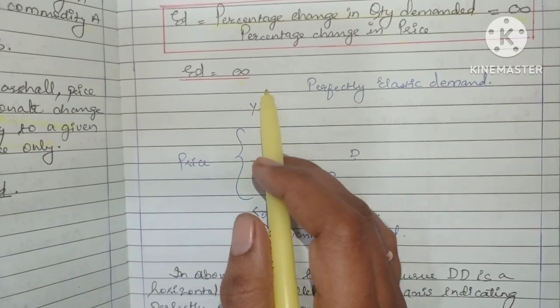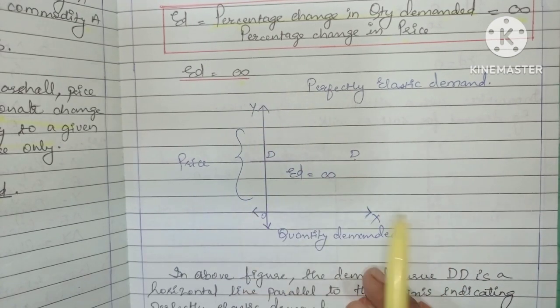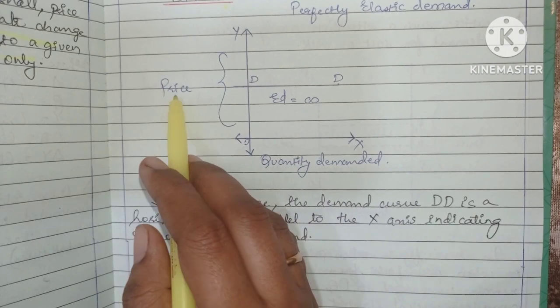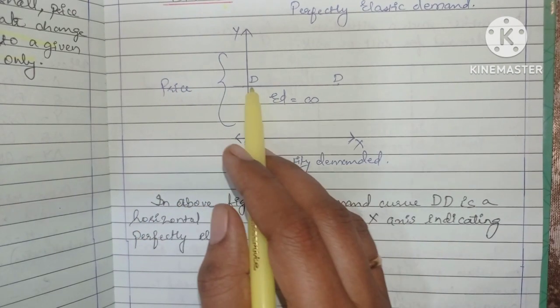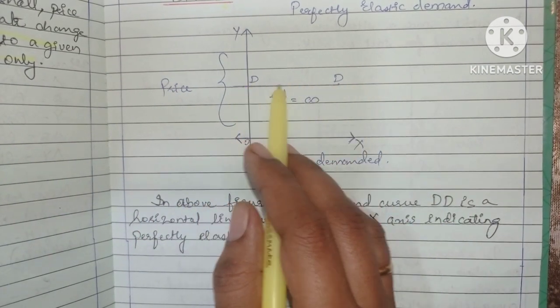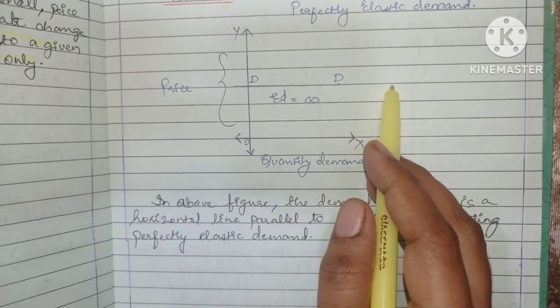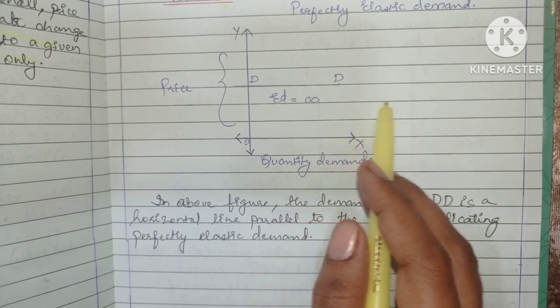But this sign has to be there, and you have to explain it with the help of a diagram. So on the x-axis you have the quantity demanded, on the y-axis you have the price. Okay, and this straight line is the demand curve. Demand I have drawn over here.